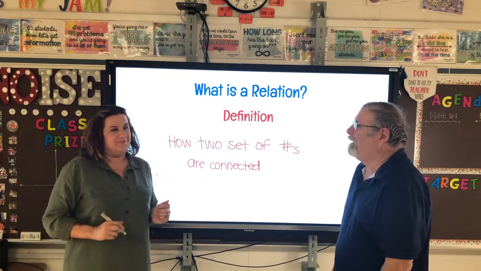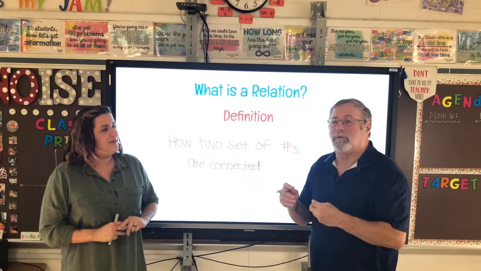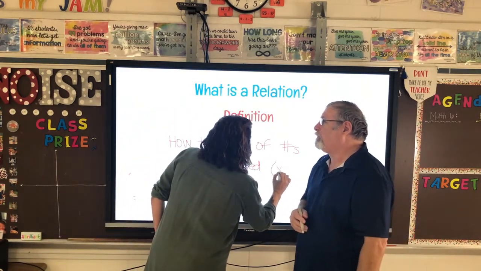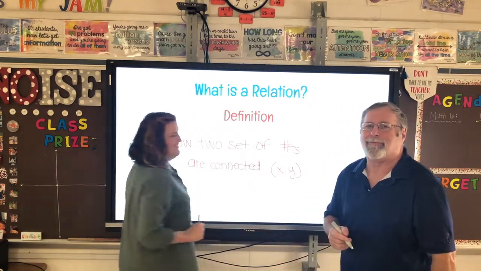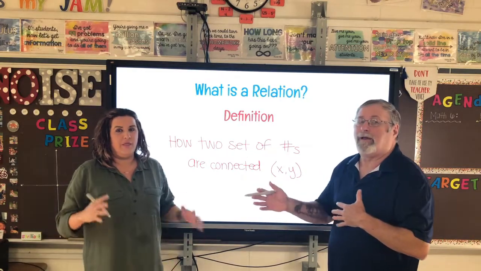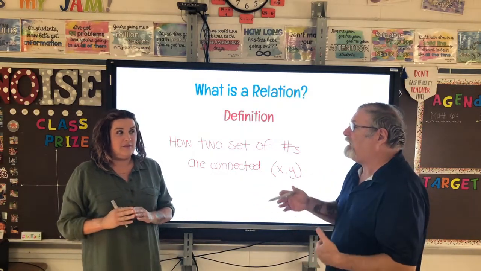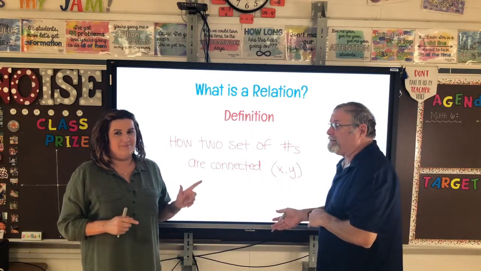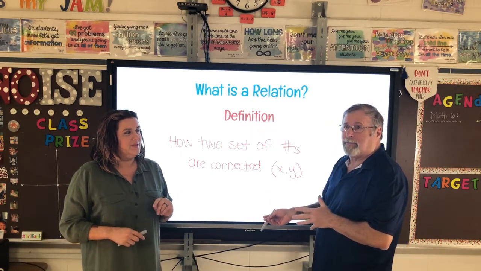For example, like the X and Y that we learned about with ordered pairs in the coordinate plane. So really like the X value, the Y value. And if we were going to use an example, we could say how far from school you live and how long it takes to get to school from your house on the bus ride.